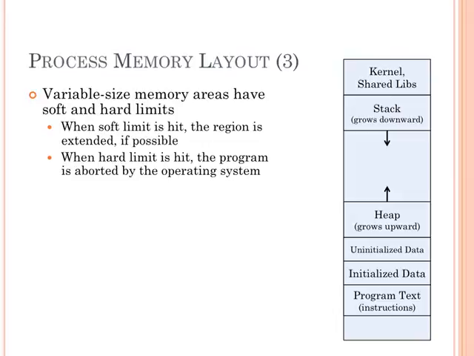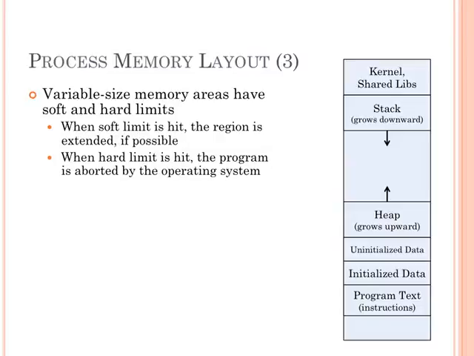These variable size memory areas have a couple of different limits. The heap, for example, I may start out with a 4 megabyte heap, and then I may never get to that point, at which point the operating system is fine. We'll just stay within 4 megabytes, but maybe I say, well, I actually need 50 megabytes. And so the operating system will extend the size of the heap for the program.